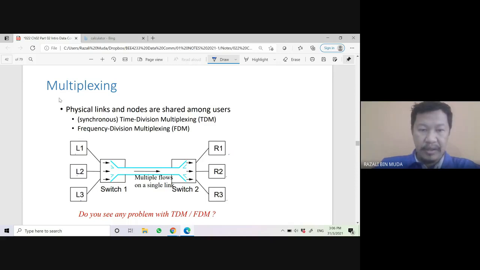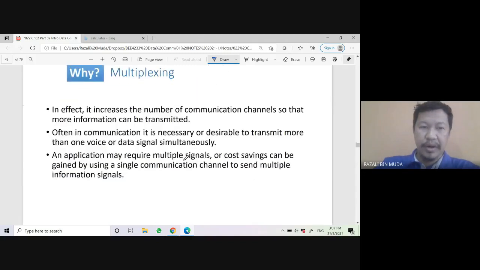In this link, these 3 lines will be multiplexed into this single link. So why? In effect, it increases the number of communication channels so that more information can be transmitted.